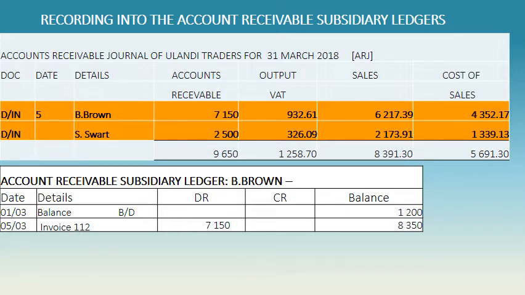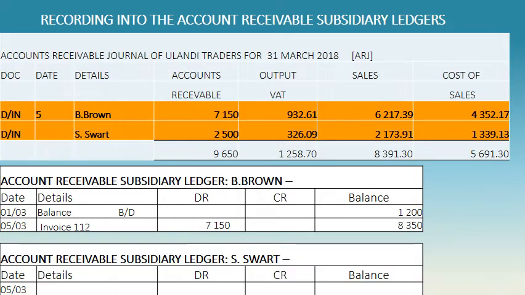The same account will be opened for S. Swart in the accounts receivable subsidiary ledger. Under the date the invoice was issued, which is the 5th, details: invoice number 113. Debit: the total amount of the invoice including VAT, 2,500. The balance that he owes under the balance column is 2,500.